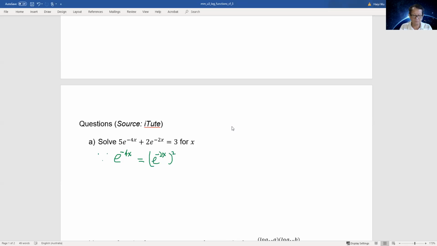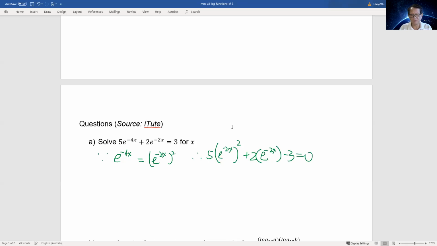So therefore, if I put the equation into e to the power of negative 2x, negative 4x becomes negative 2x squared, plus 2 e to the power of negative 2x minus 3 equal to 0.